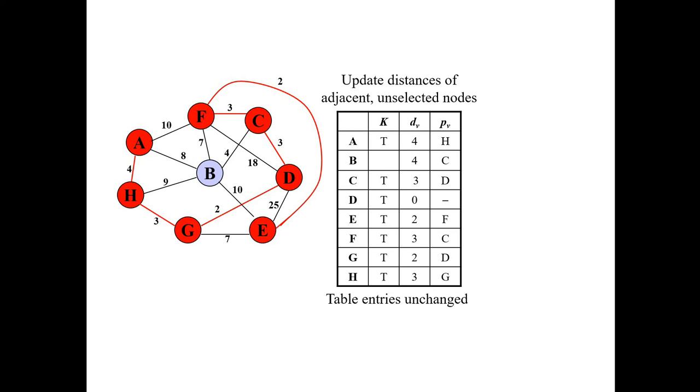Update distance to adjacent and selected nodes, because 4 we have updated. Now B is shown. B is in the middle, so it shows the distance between B and C is 4. Update distances of adjacent unselected nodes.